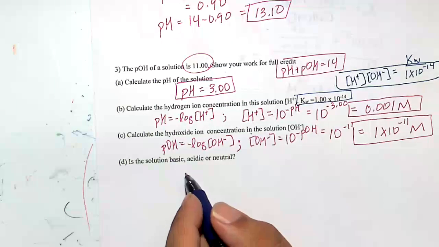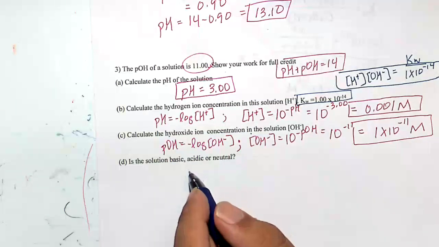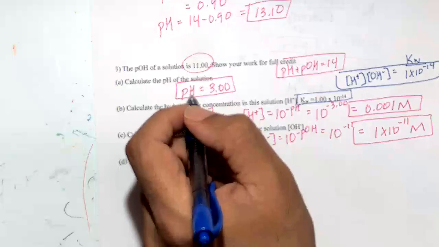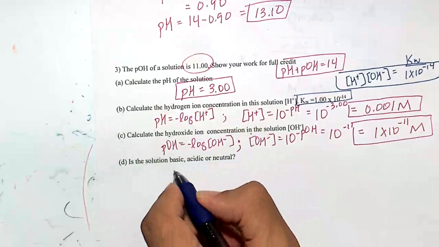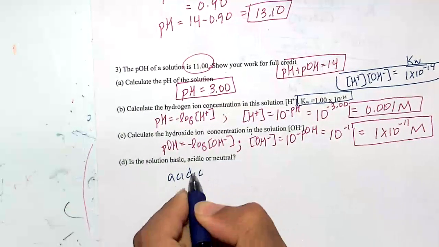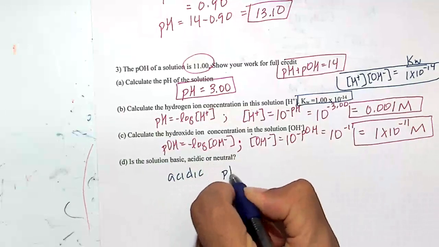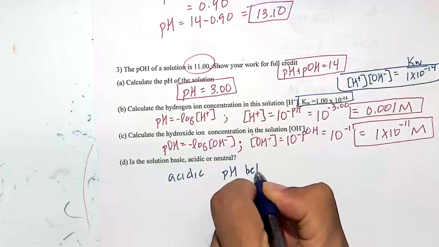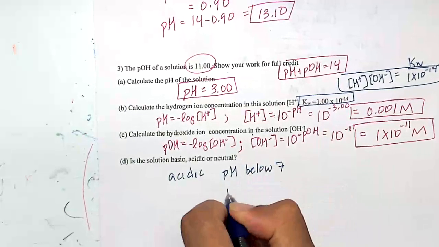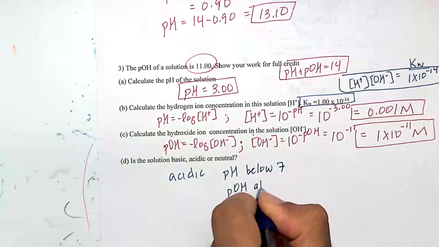Right, is this solution basic, acidic, or neutral? What do you guys think? pH 3? This is acidic. Anything with a pH below 7 is acidic. So here we're looking at a pH below 7 and a pOH above 7.